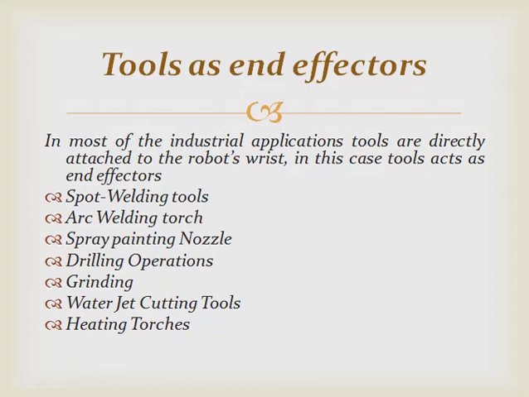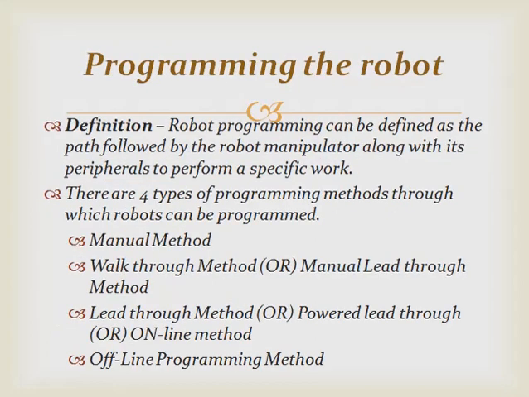Whatever tool you use in order to perform the task, that specified tool you attach acts as an end effector. We can see examples here: spot welding tool, arc welding torch, spray painting nozzle, drilling, grinding, water jet cutting tool, heating torch. These are all tools used as end effectors.